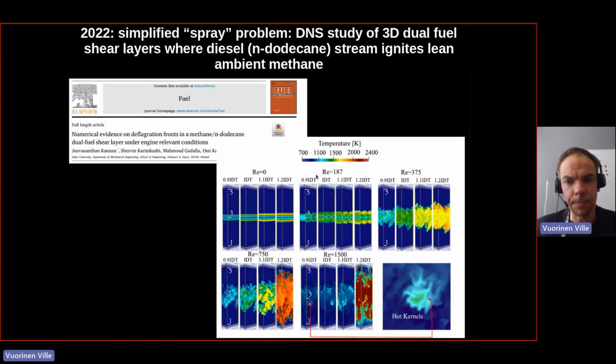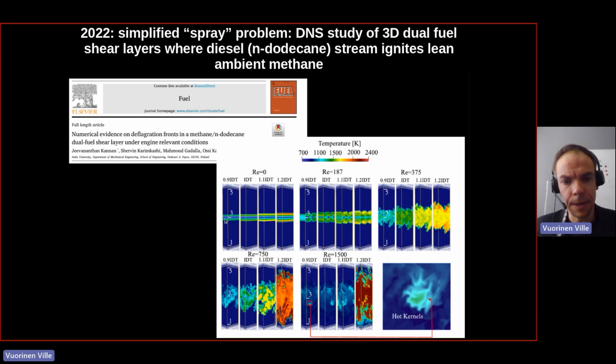What we see over here is 5 different Reynolds numbers. Reynolds number 0, no convection, then increasing Reynolds number, always doubling it until Reynolds number 1500. In the shear layer you have n-dodecane, and in the ambient, blue is lean methane.